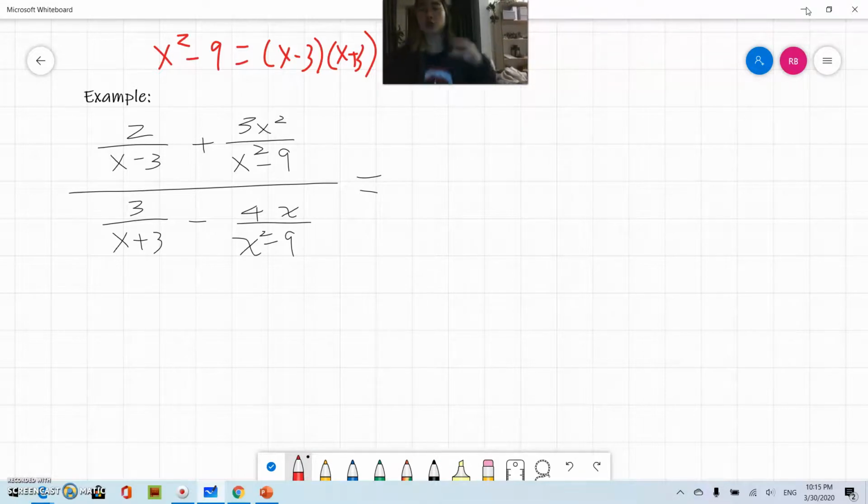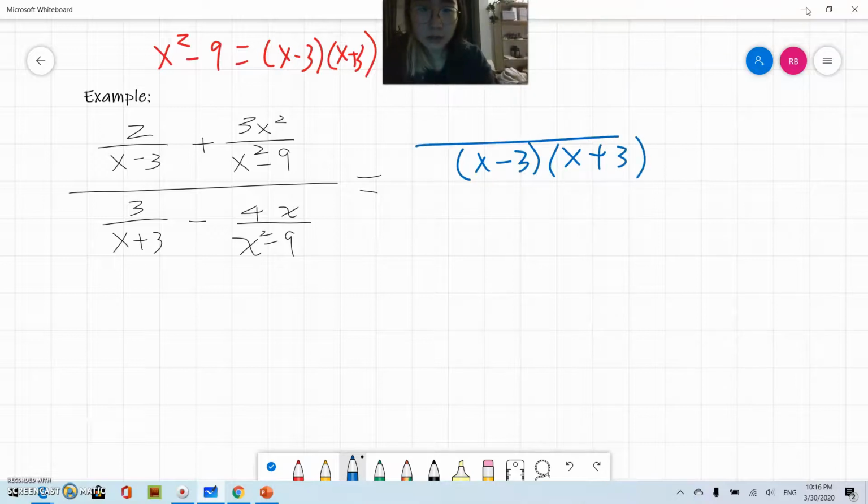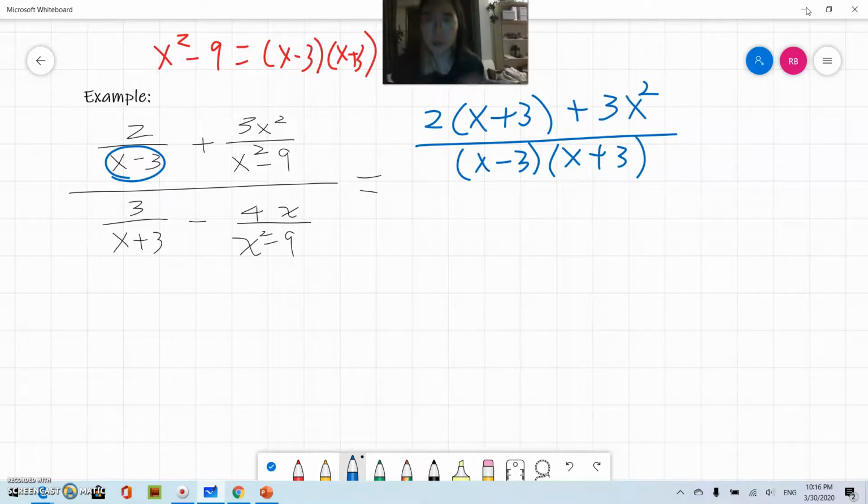I'm going to combine the two fractions in the numerator as 1 and the two fractions in the denominator as 1. Okay, so the LCD for both of them is x minus 3 times x plus 3. And then this one, x plus 3 is missing, so it's 2 times x plus 3 plus, and this one doesn't need anything because it was already x minus 3 and x plus 3.